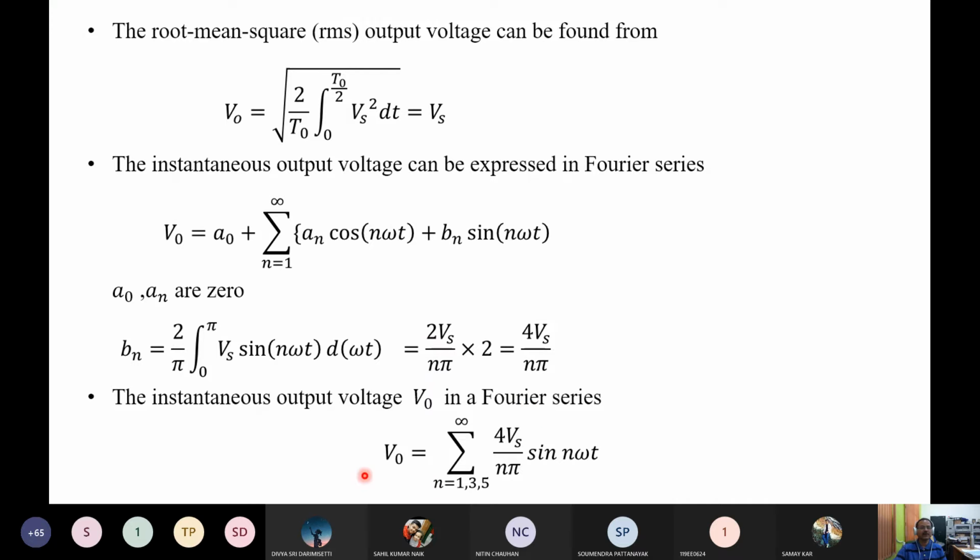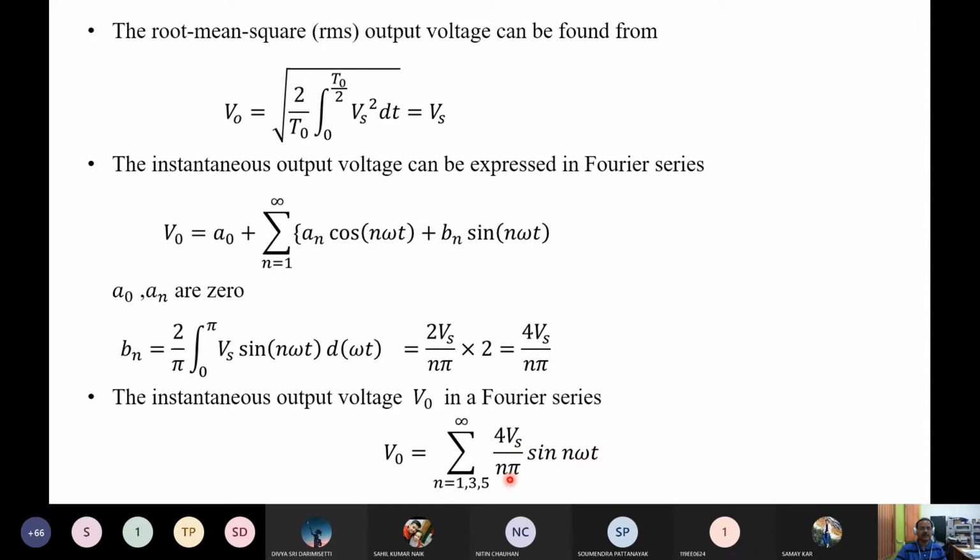So the final expression for the instantaneous voltage is the sum over n harmonics, fundamental and harmonics to infinity, 4 Vs by n pi sine n omega t. This portion is not present. So V naught 1 will be 4 Vs by pi sine omega t.